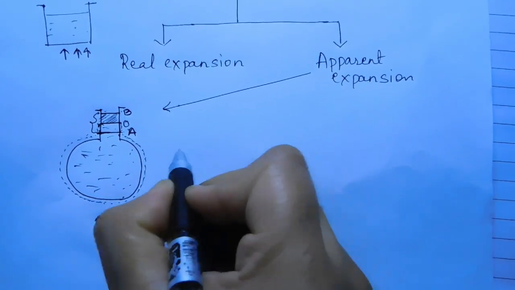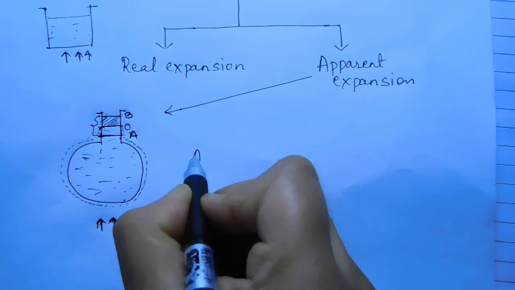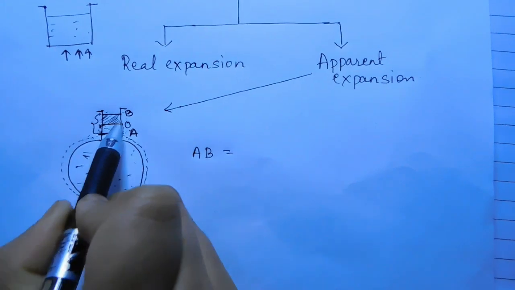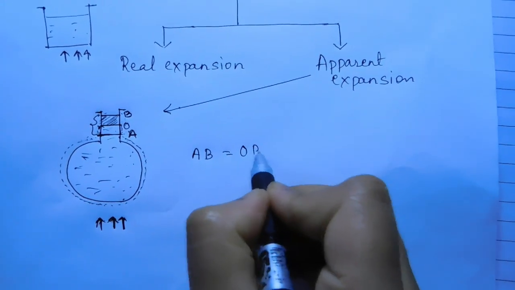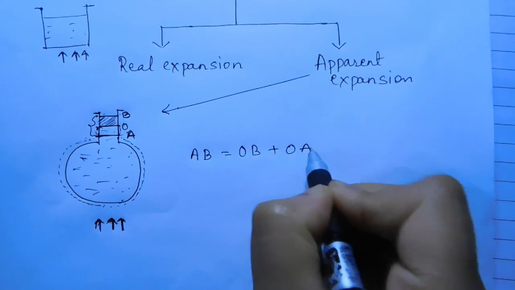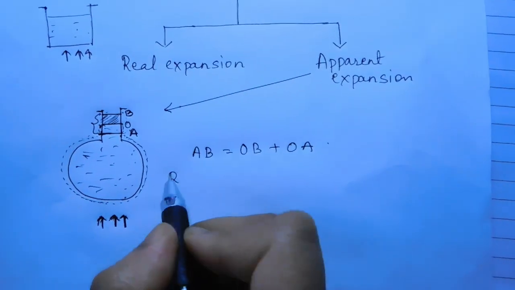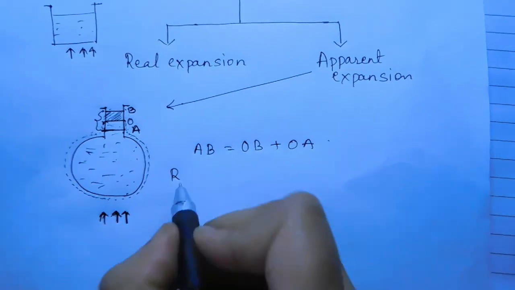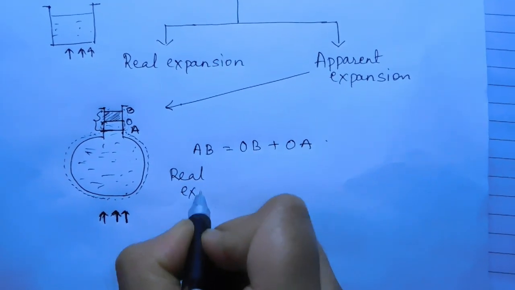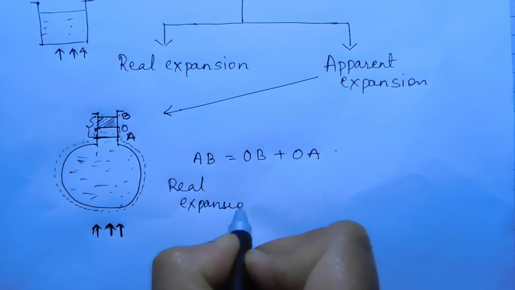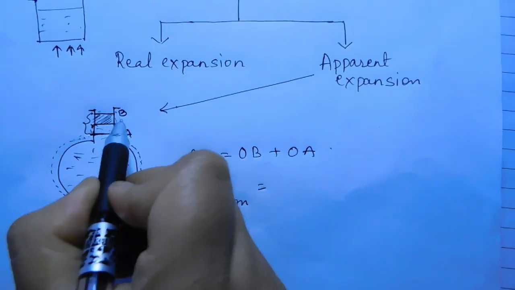So let's write here, AB would be equal to OB plus OA. AB is the real expansion. This will be equal to OB.